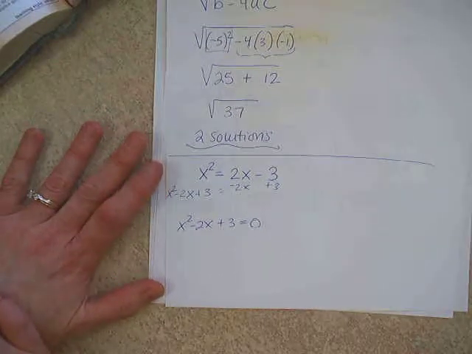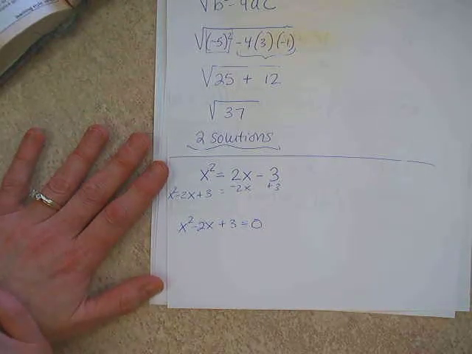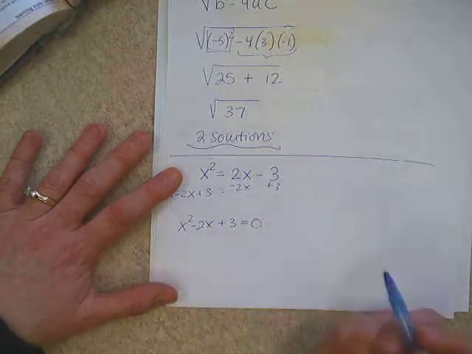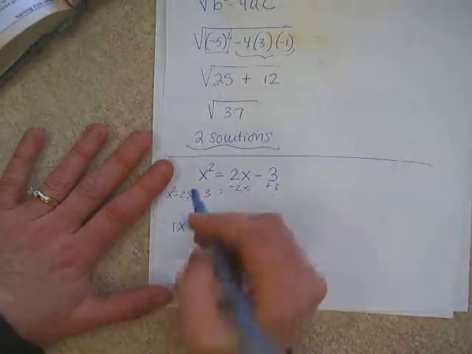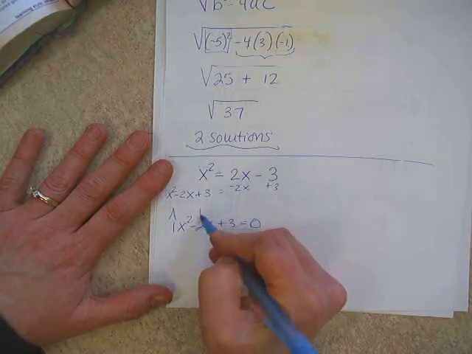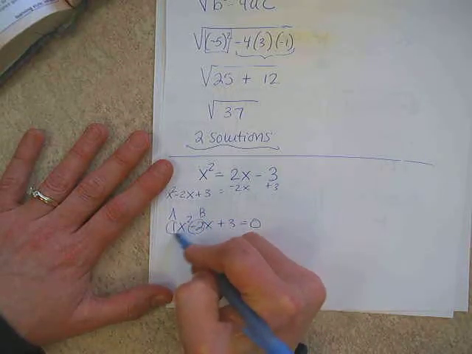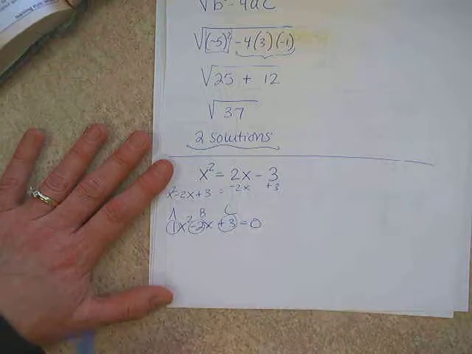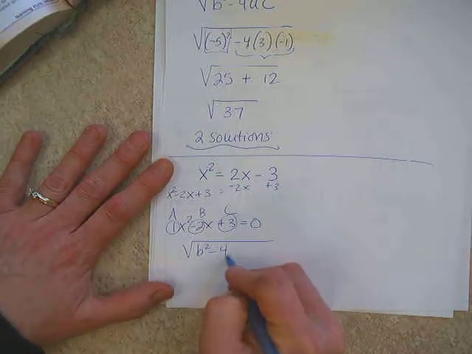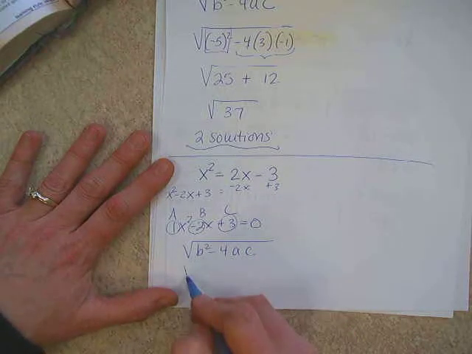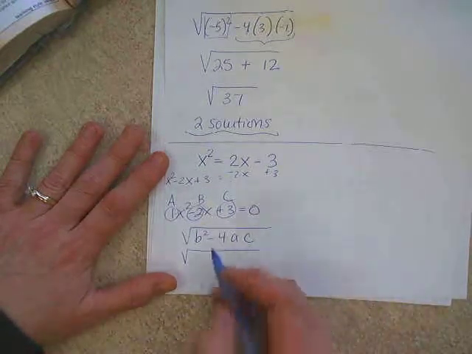So we have x squared minus 2x plus 3 equals 0. We do not plug into the quadratic formula or the discriminant until everything is equal to 0. So if you must, you can put in a 1 if there's nothing in front of your variable. So a would be 1, b would be negative 2, and c would be 3.